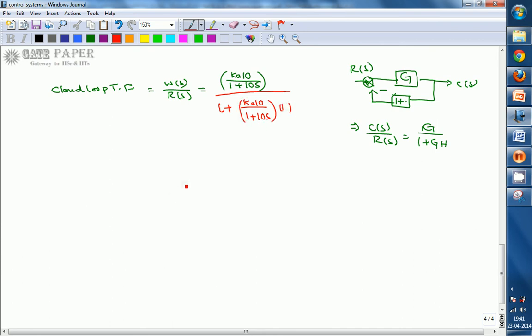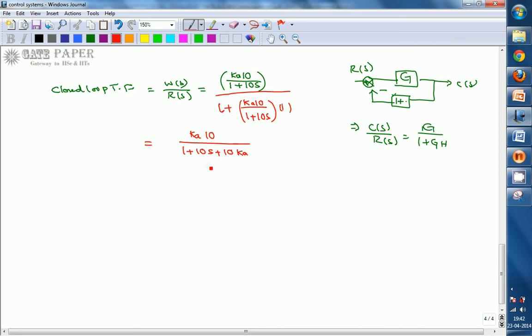By simplifying this, we get 10 Ka divided by 1 plus 10S plus 10 Ka. We want the form 1 plus ST in the denominator.